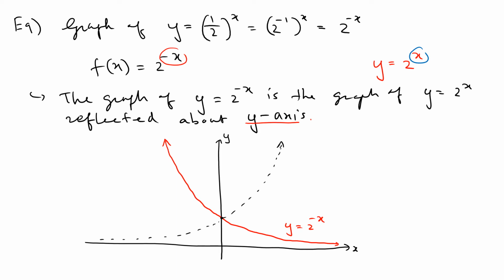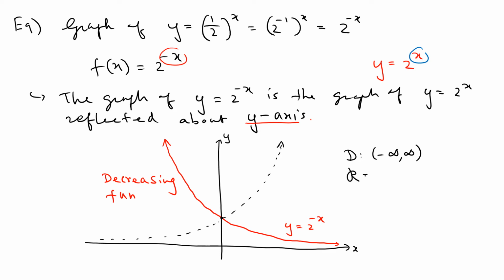You can also get the same graph just using plotting points. You can see that this one is decreasing, so that's one thing you notice. It's a decreasing function. Also you can see the domain and range are the same as before. The domain is all real numbers.